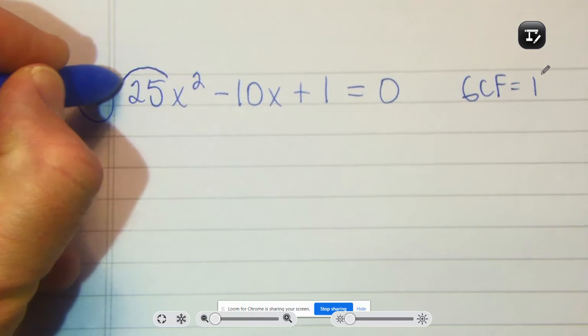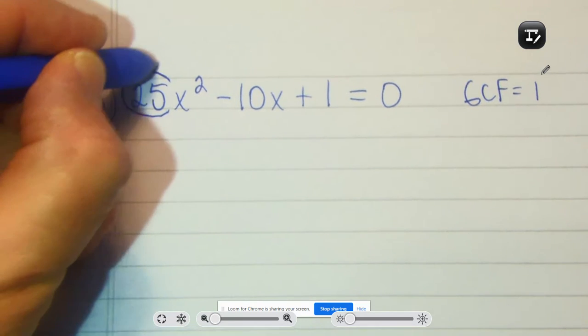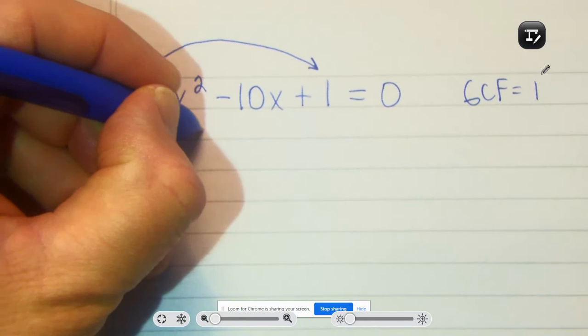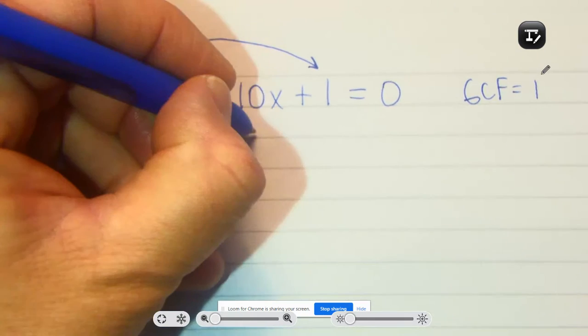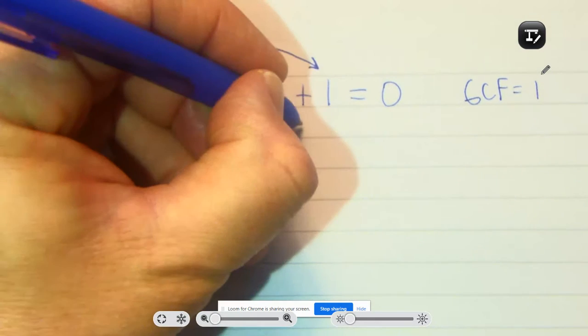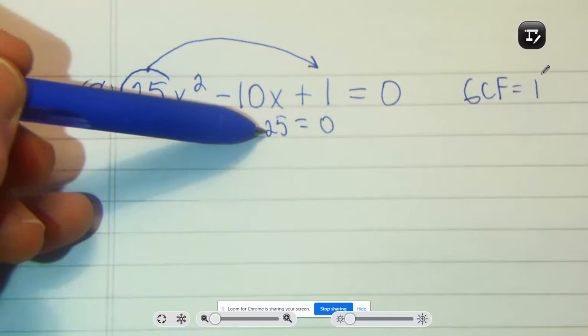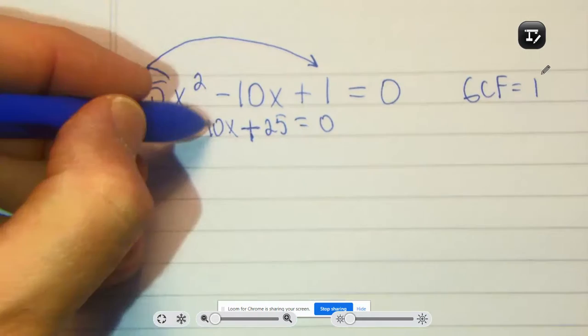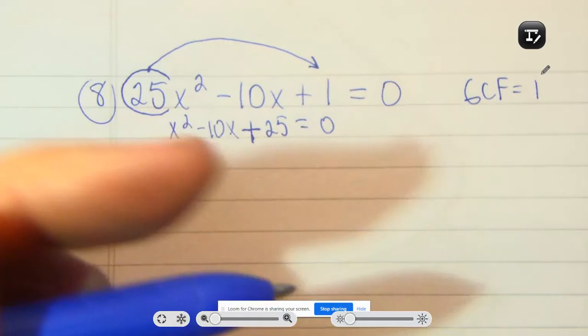I might recognize that that's a perfect square of a binomial, but I might not. If I don't recognize that, then I can multiply the 25 times 1 and rewrite it as x squared minus 10x plus 25, looking for factors of 25 that will add to be a negative 10. So they both got to be negative.